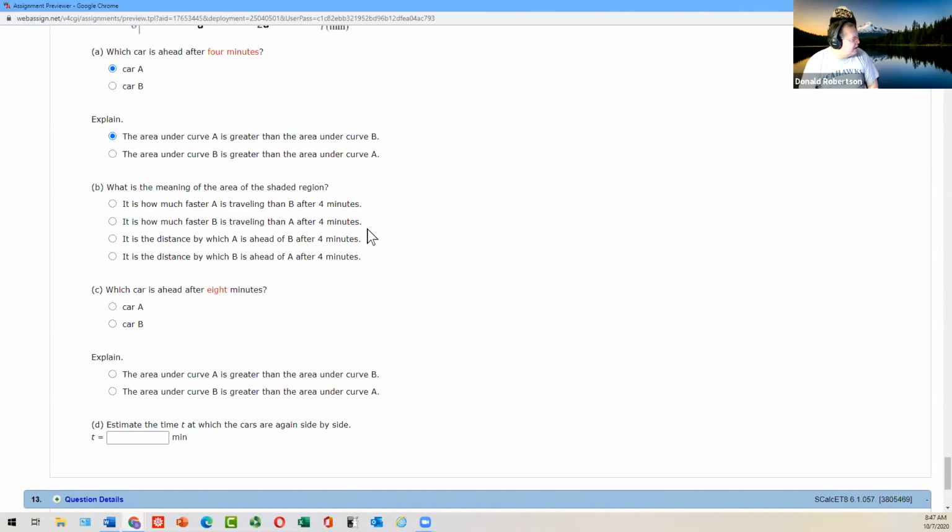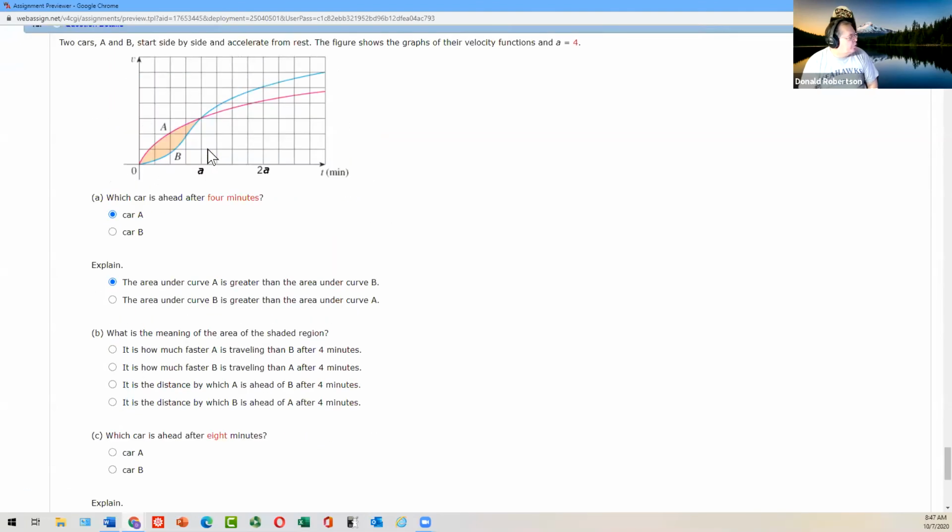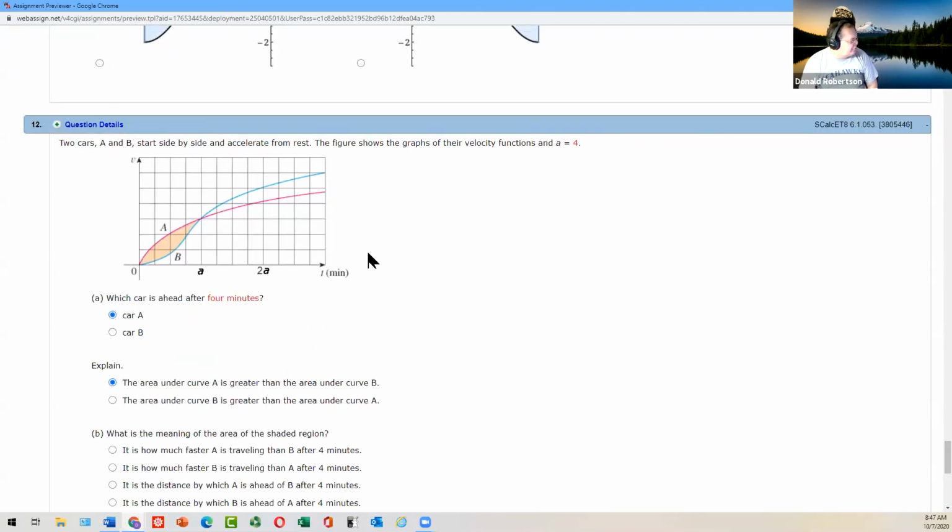What is the meaning of the area of the shaded region? When you find the area under a velocity time curve, isn't that the distance traveled? Right, the area under a velocity time curve is the distance traveled.